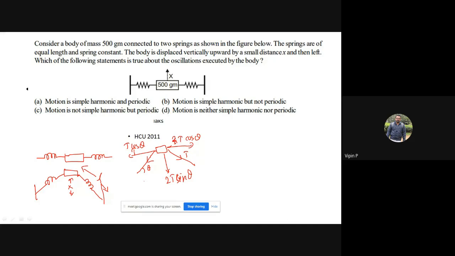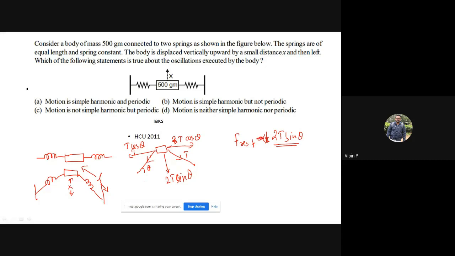Now look at this. The total restoring force would be 2T sin theta. We'll avoid the spring constant for the time being, and see that the total restoring force is proportional to 2T sin theta.